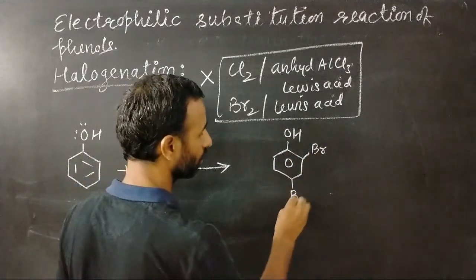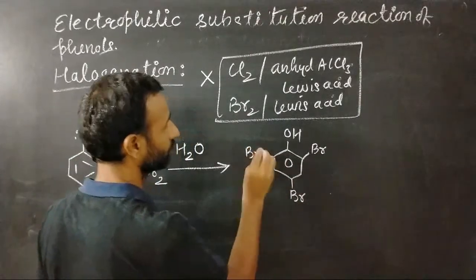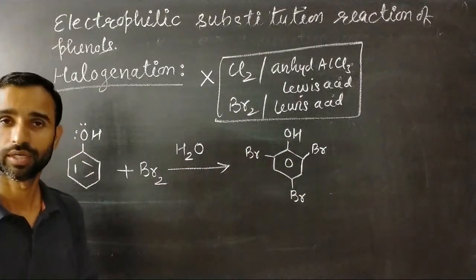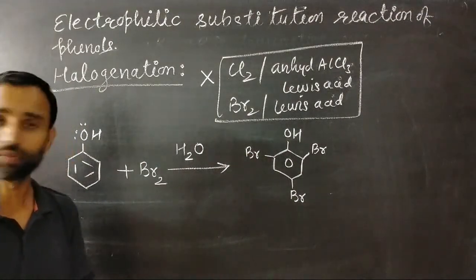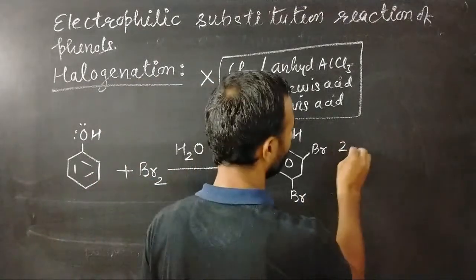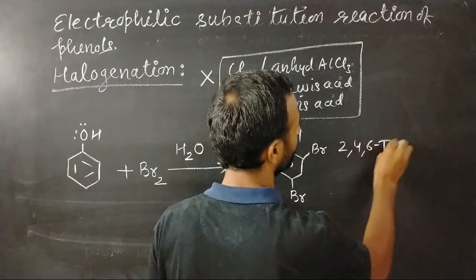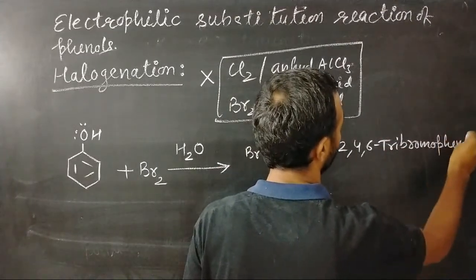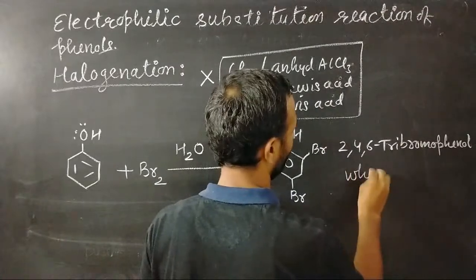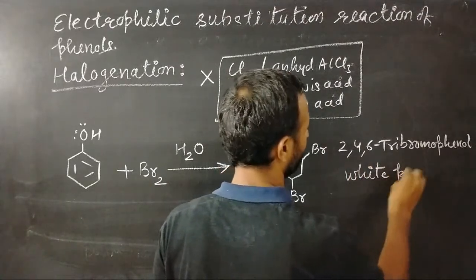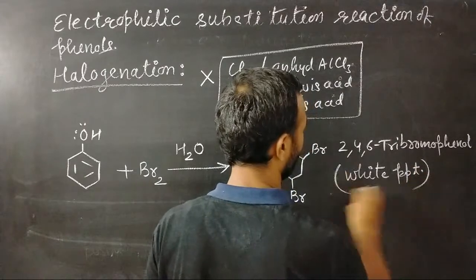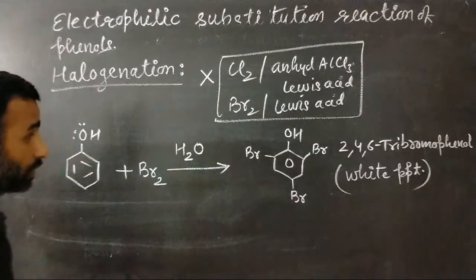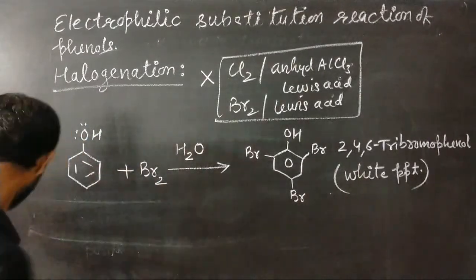There is formation of 2,4,6-tribromophenol, which is a white precipitate. Right?